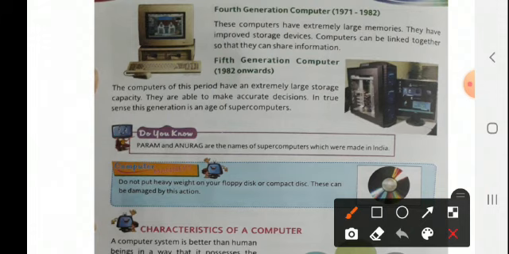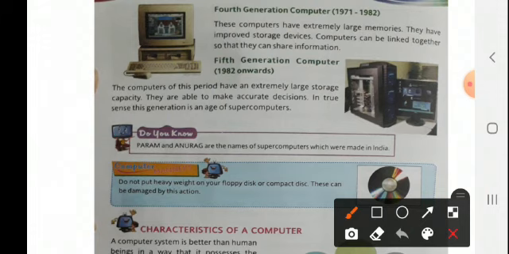So with the help of this fourth generation computer, we can share the information. So that is the main achievement as well as the main characteristic of the fourth generation computer. Okay, and the memory was large, and the size was small compared to the first, second as well as the third generation computer. Understood?